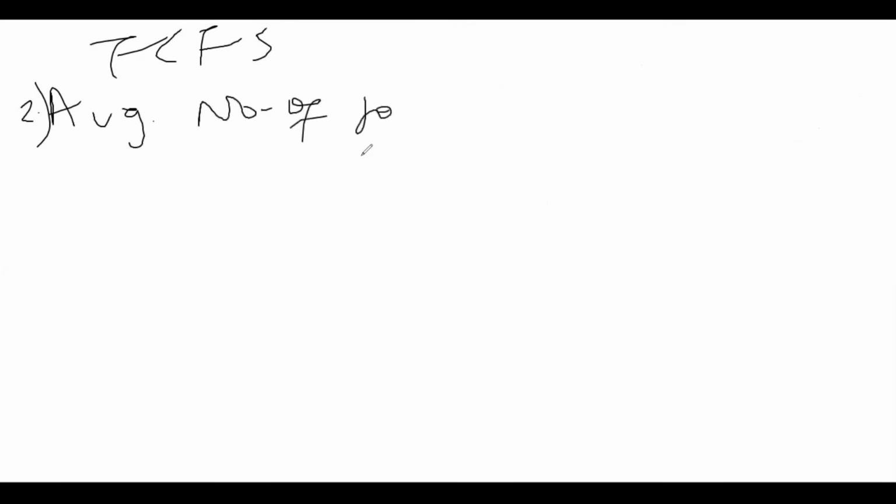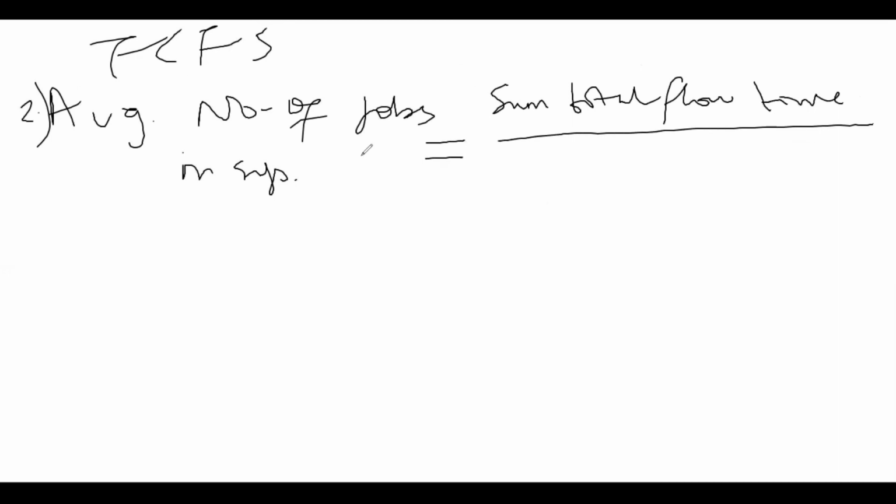So remember, this is still for first come, first serve. Average number of jobs in the system. Pardon my handwriting. And that's sum of total flow time all over total processing time.